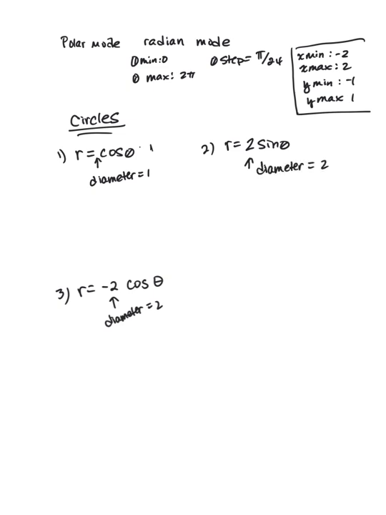Now whenever you have something with the cosine in it, it's going to be symmetric over the x-axis. Because think about this formula: x equals r cos theta. So this is going to have symmetry over the x-axis.